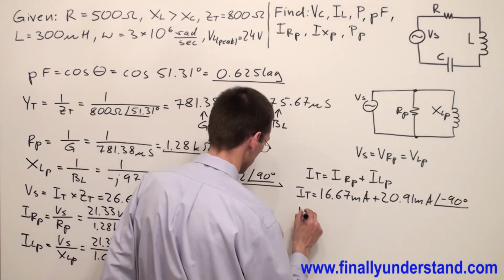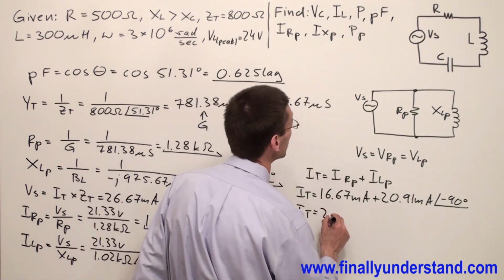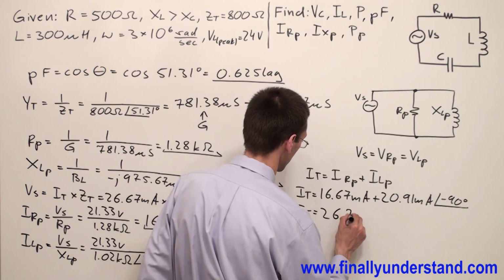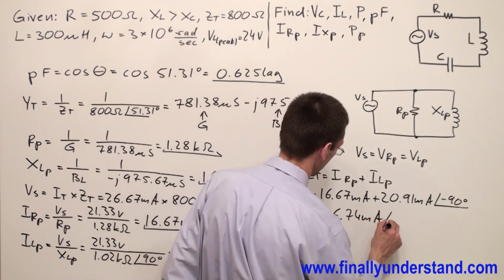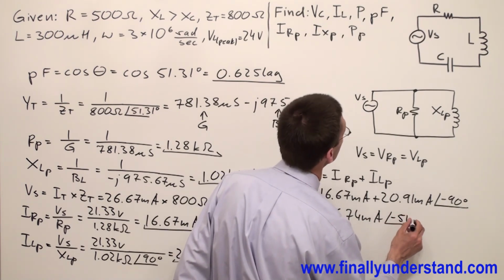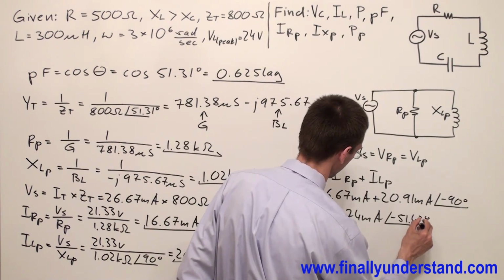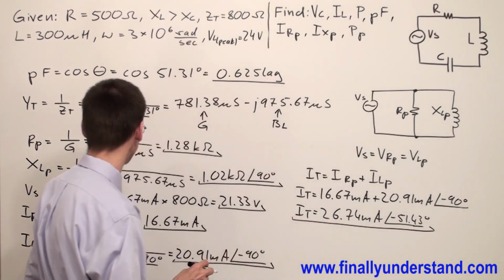So I have I total equals 26.74 milliamps an angle of negative 51.43 degrees. Okay, so this is my I total.